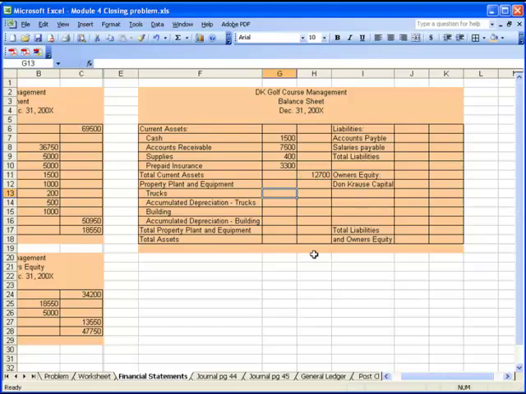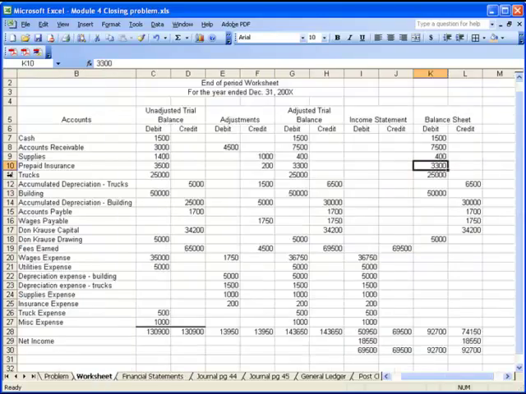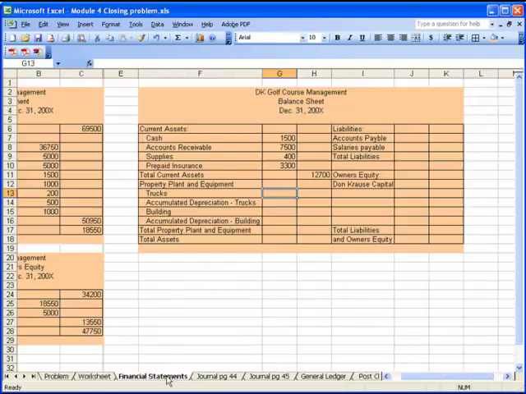Now, under property, plant, and equipment, again, everything I need is on my worksheet. Here's my trucks. They are $25,000 is the balance. $6,500 is the accumulated depreciation that goes along with those trucks. And remember, when we do a classified balance sheet, the book value of my trucks is the original purchase less the accumulated depreciation.